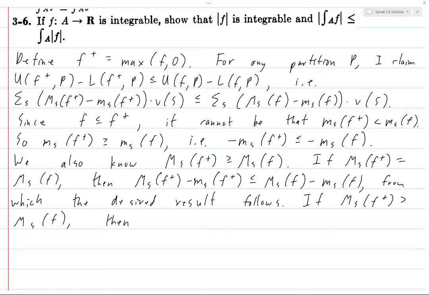And of course, if the supremum of f is 0, then it could be the case that f takes on precisely the value 0 at a point or at some points. But then f plus is going to be 0 everywhere. And so, again, the supremum of f plus will equal the supremum of f.